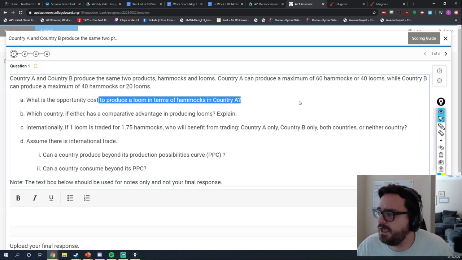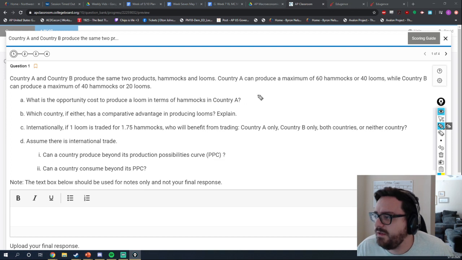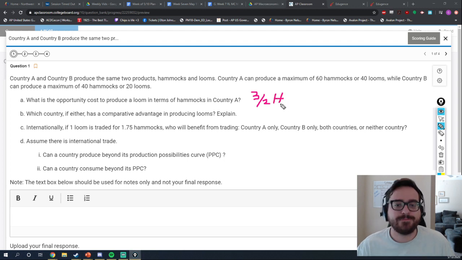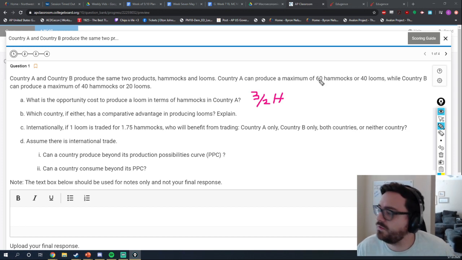So the opportunity cost of producing a loom in terms of hammock is 3/2 of a hammock. For every loom they make, they could have made 1.5 hammocks, right? Because if they could make 40 looms or 60 hammocks, that proportionally makes sense.